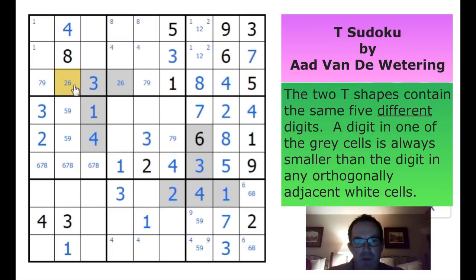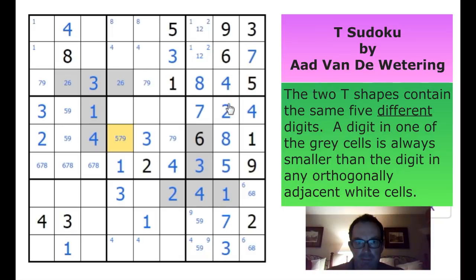And you can see, if this is a 6, it would tell us this was a 9. This square must be 5, 7 or 9.